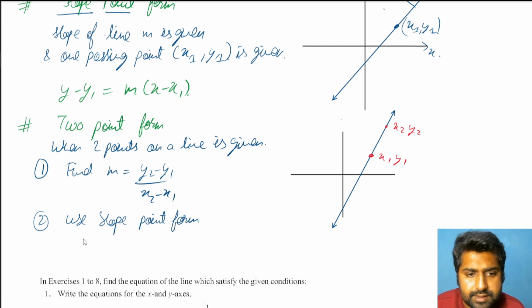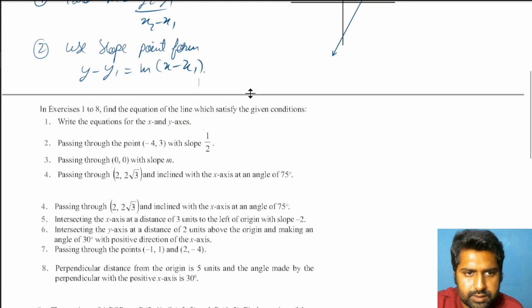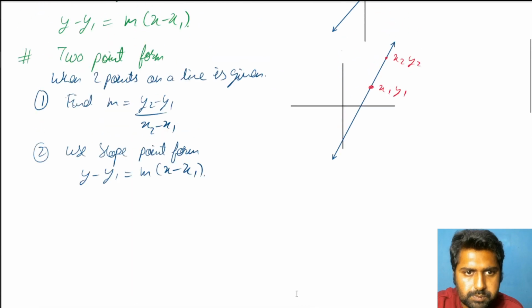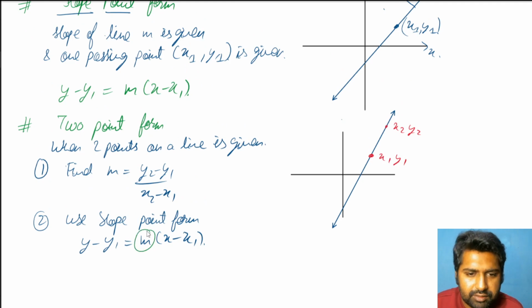So that is y minus y1 is equal to m times x minus x1. My recommendation is to use it in this sort of way rather than directly using a formula. The formula is effectively putting the value of m, so it will look quite complicated. If I put the value of m in this expression, it will look extremely complicated.